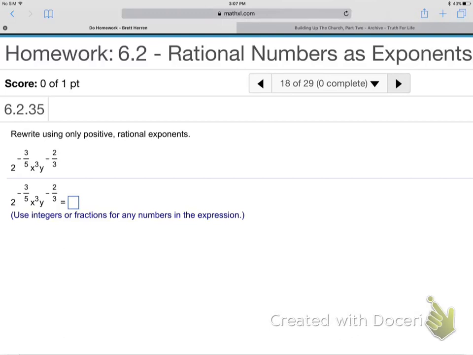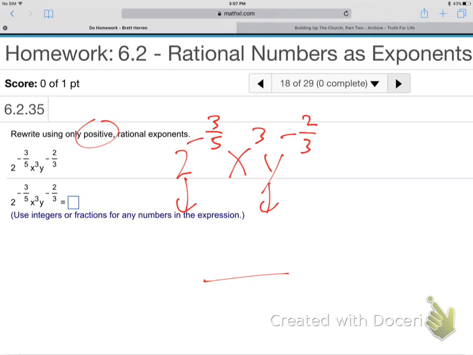These are getting repetitive. Same thing every time. So 2 to the minus 3/5, x to the 3rd, y to the minus 2/3. Same thing, they want positive powers. So who has negative powers on them? The 2 and the y. Whereas the x is good. He's going to stay right where he's at. The 2 and the y will jump down.